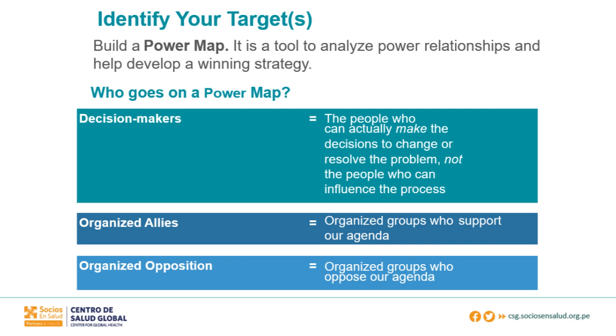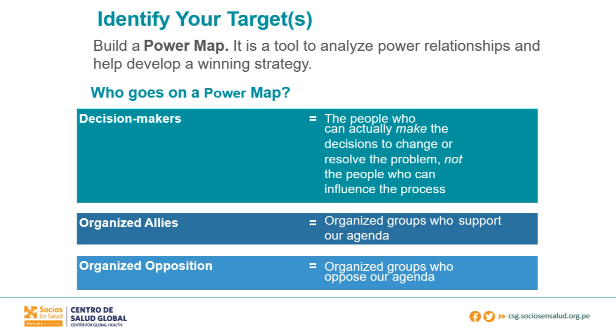Another tool that can be used to think about this is known as a power map. It really analyzes the relationships between players, and it's just a helpful tool in thinking about where you need to move particular actors.